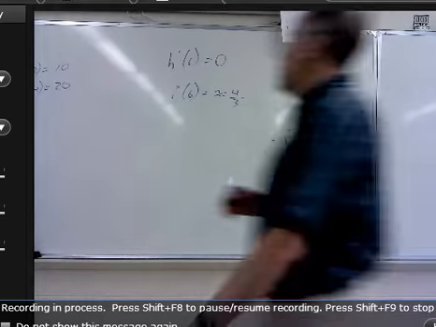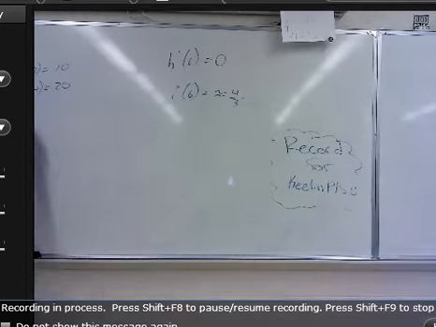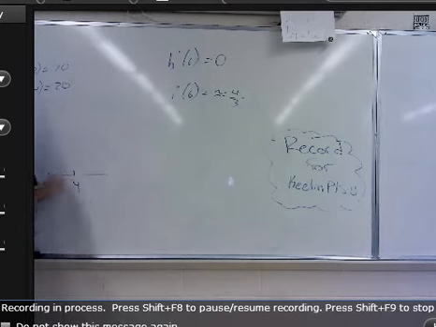So 2, 10, 4, 20. And we know it's continuous. So we don't know how we got from here to here.